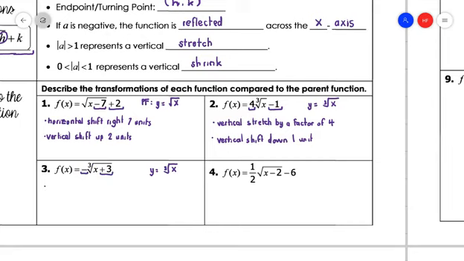So that first one, that minus sign in front of the radical, is a reflection across the x-axis. And then that +3 on the inside is a horizontal shift to the left 3 units.